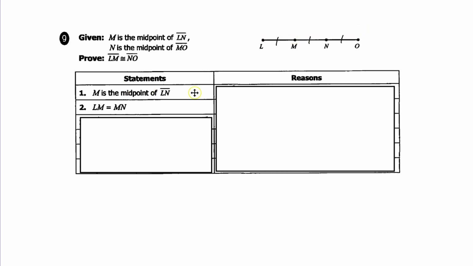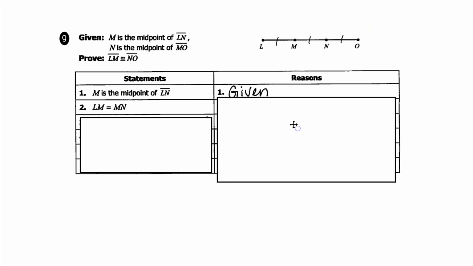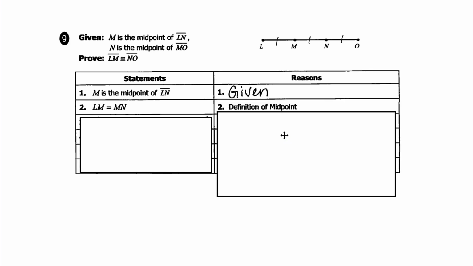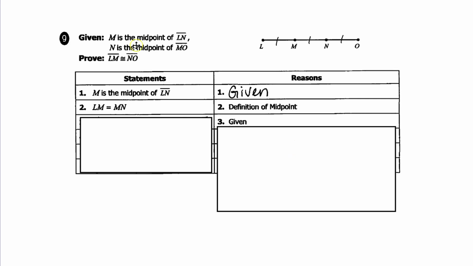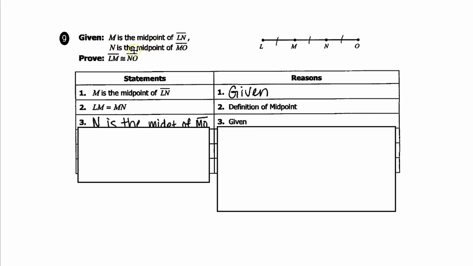So when we look at this, M is the midpoint of LN. That is given. LM equals MN. Well, that's the definition of a midpoint. Then you're given another given, and obviously the other given is what's written right here.